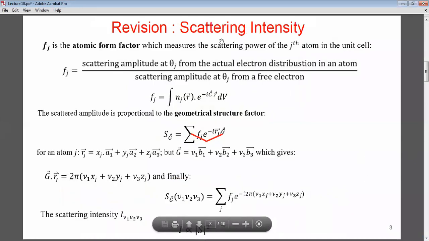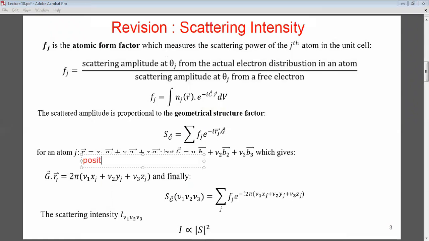And then we discussed the geometrical structure factor, and we found that to calculate it, it is the summation of some number, which happens to be the atomic form factor, a quantity that has to do with every atom that scatters, multiplied by e to the minus i rj dot G, where rj is nothing but xj a1 plus yj a2 plus zj a3, the position of each atom.